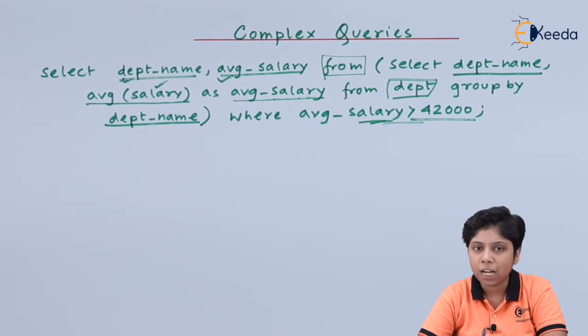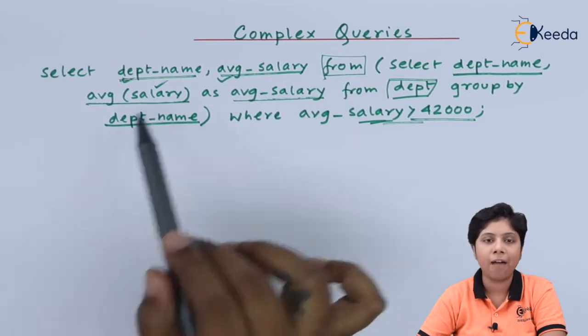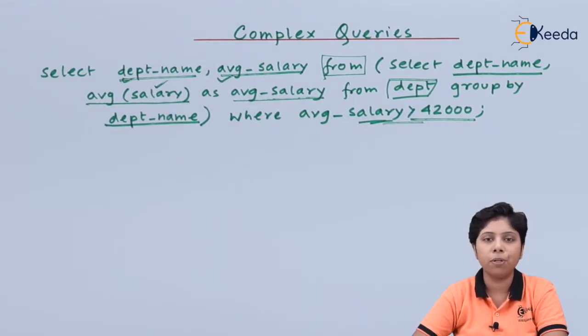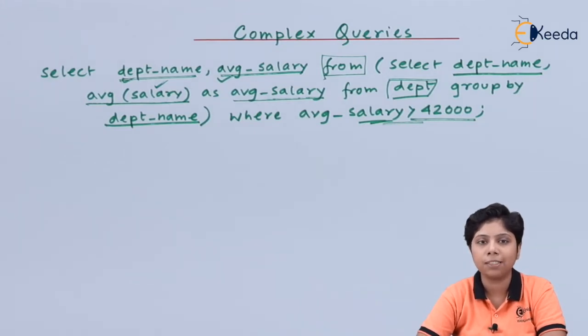By shortening it, we are making it only two attributes, department name and average salary. First calculating the average salary, then putting it in a relation, and now selecting these two attributes depending on a predicate. So that is the main use of a complex subquery within a from clause.